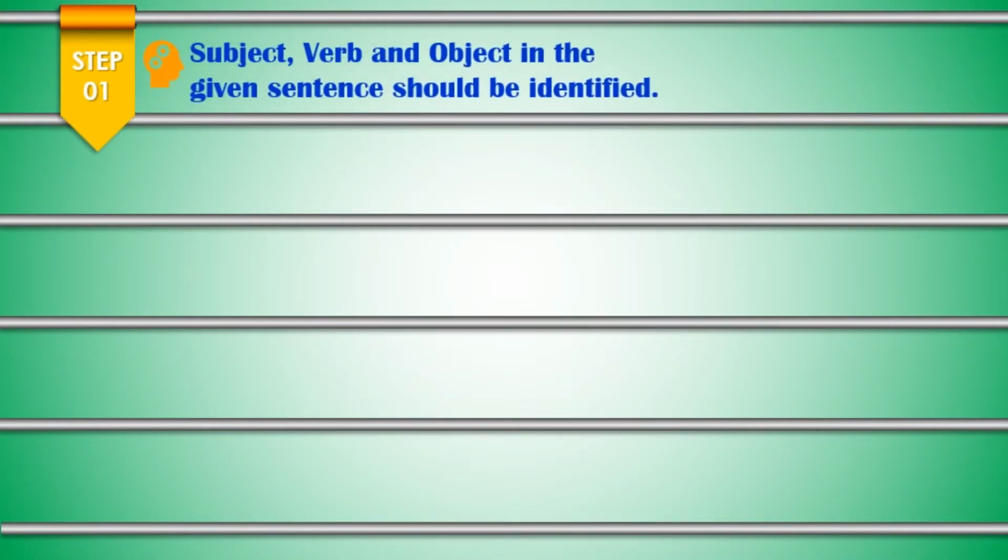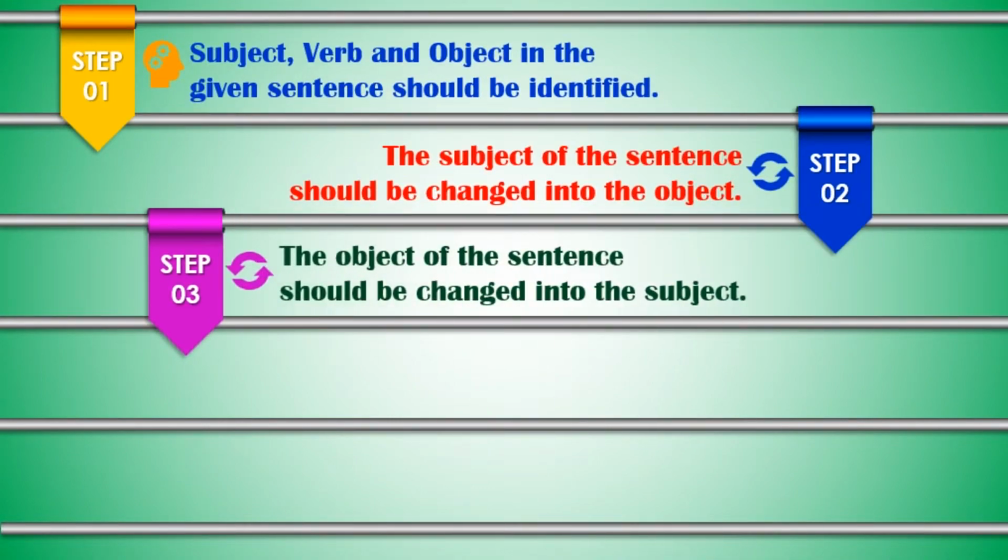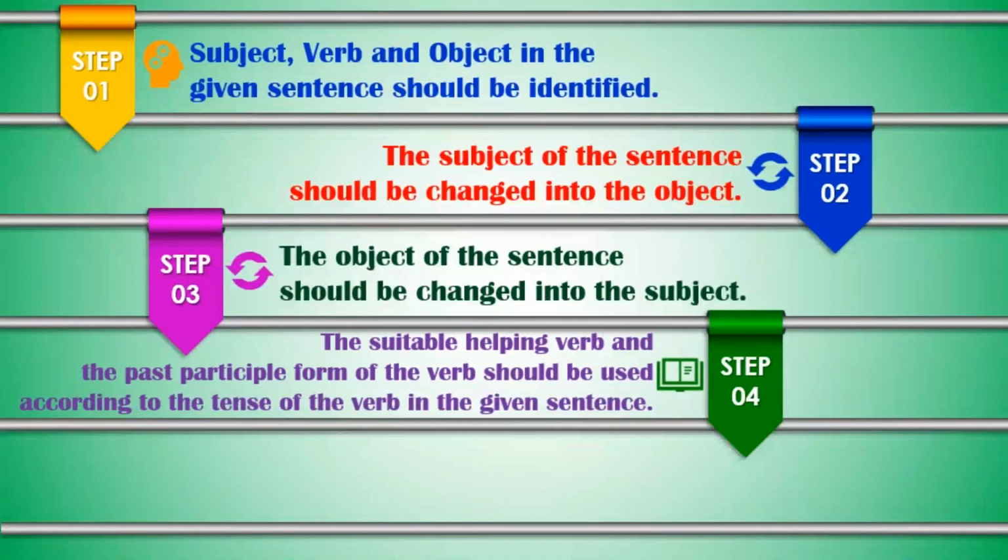Step 1. The subject, verb and object in the given sentence should be identified. Step 2. The subject of the sentence should be changed into the object. Step 3. The object of the sentence should be changed into the subject. Step 4. It is the most important step.